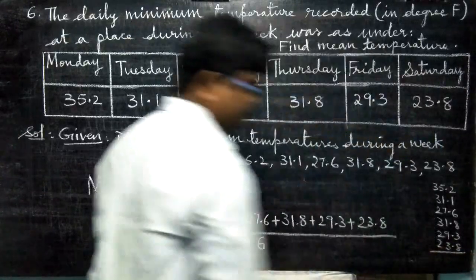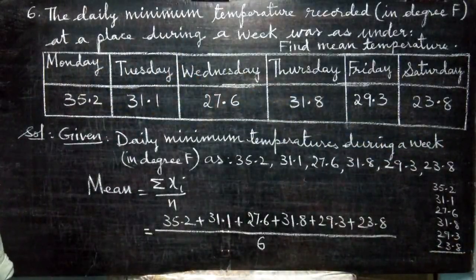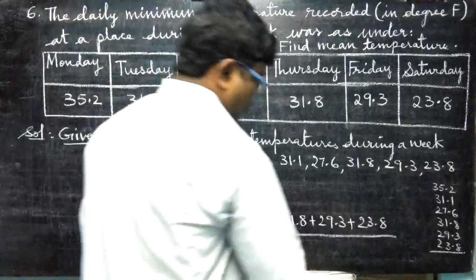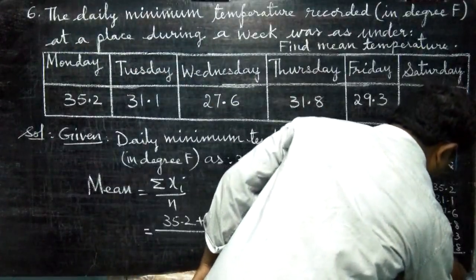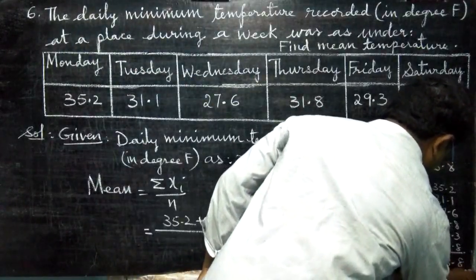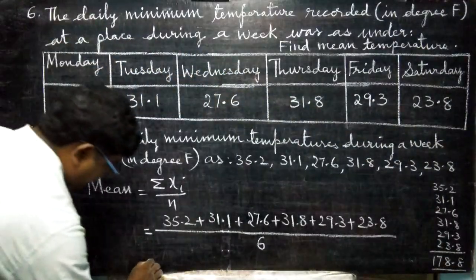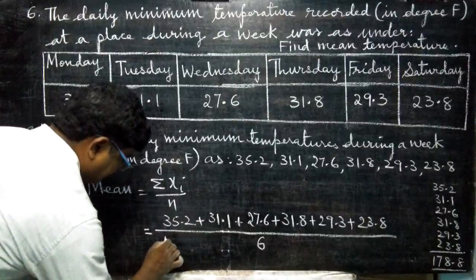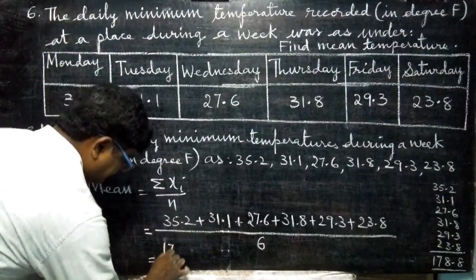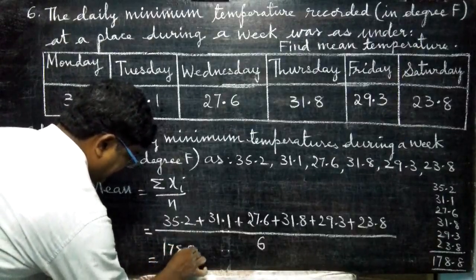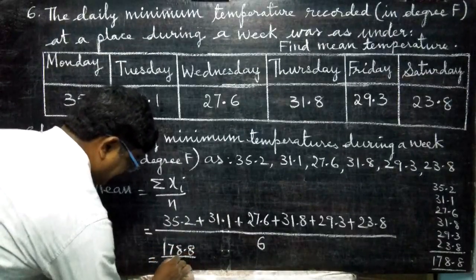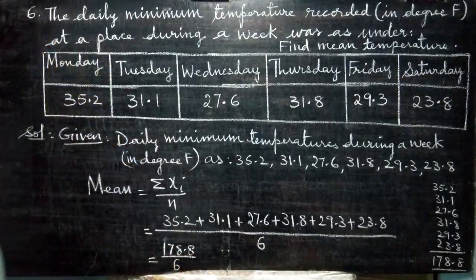Add carefully. If you add, how much you will get? 178.8. Add carefully. Now that is equal to 178.8 by 6.